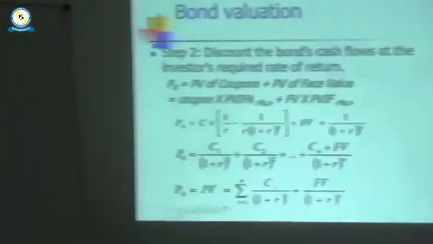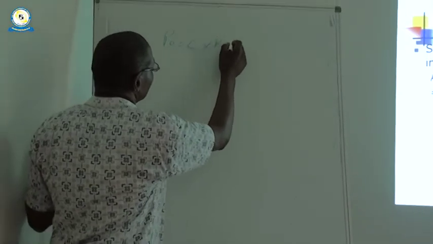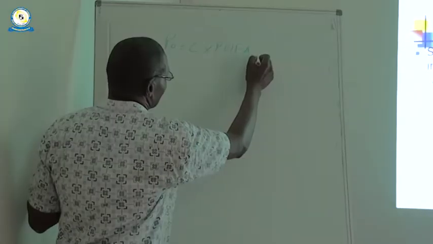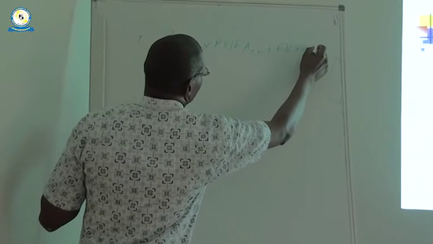The first one is P0 equal to C times the present value interest factor for an annuity at R, plus face value times the present value interest factor.